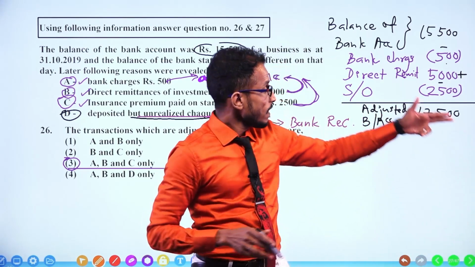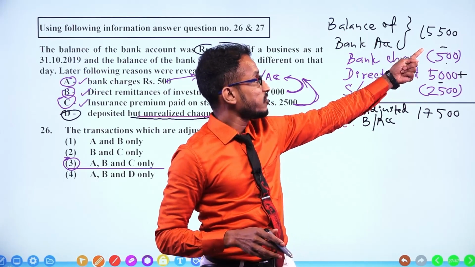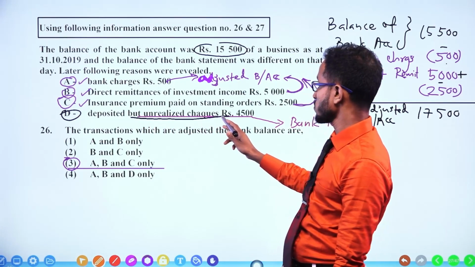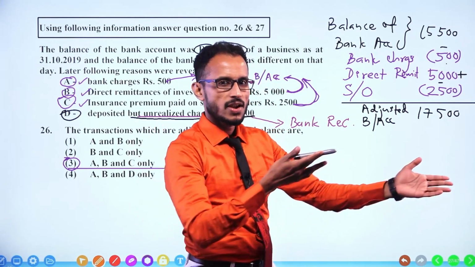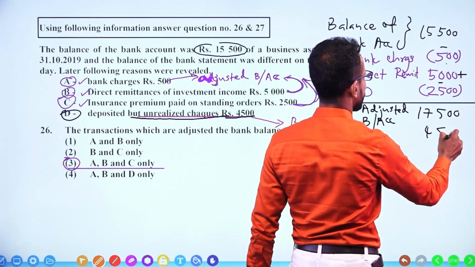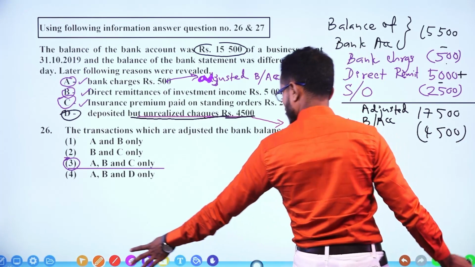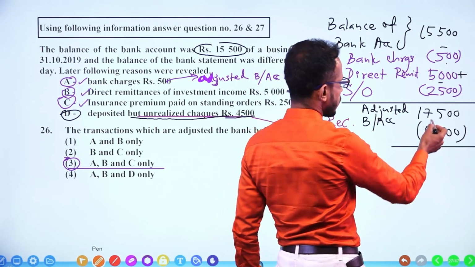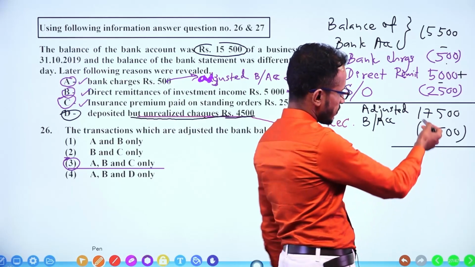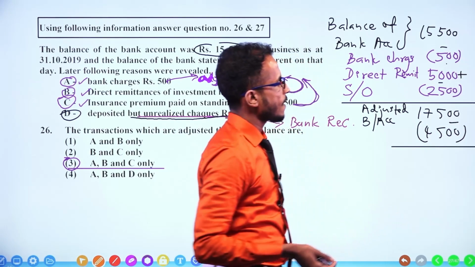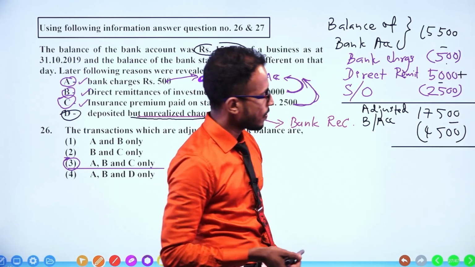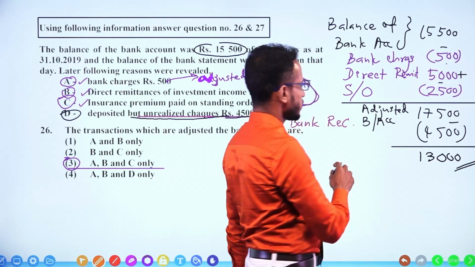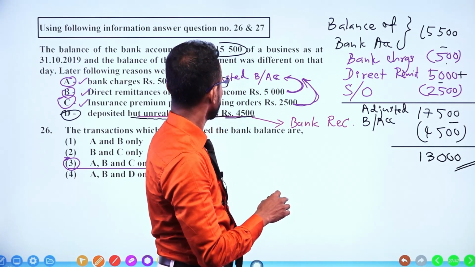So, in this balance, if we have added that 4,500, we should subtract it. Then what is the final answer that we are going to get? 17,000 minus 4,500, 13,000. This is the bank statement balance.